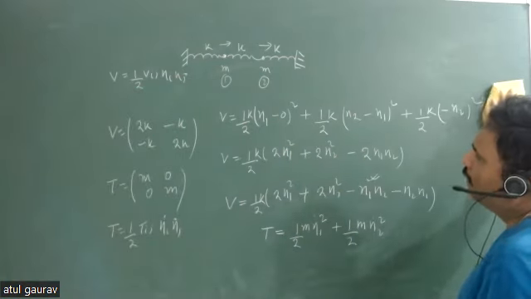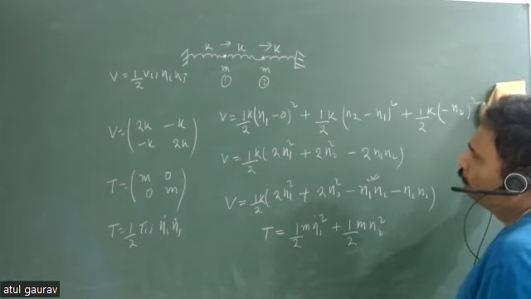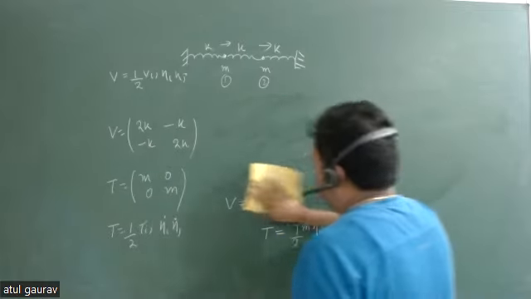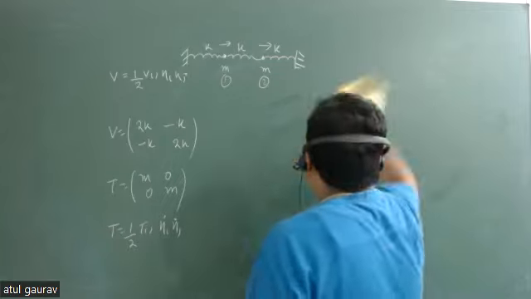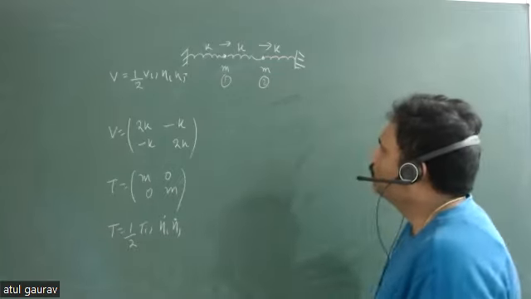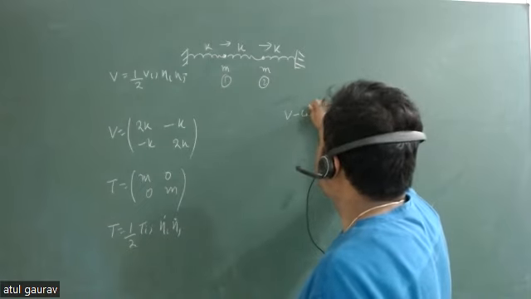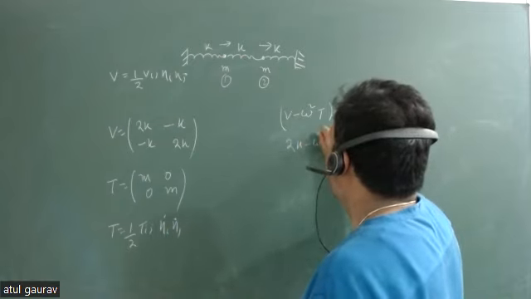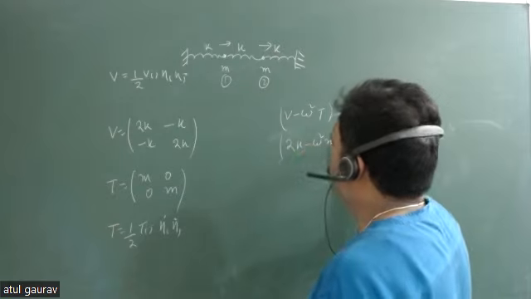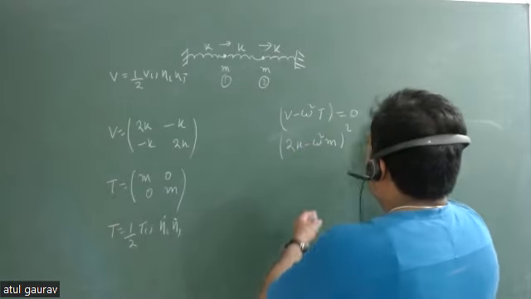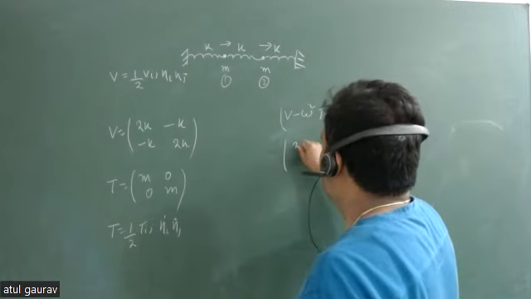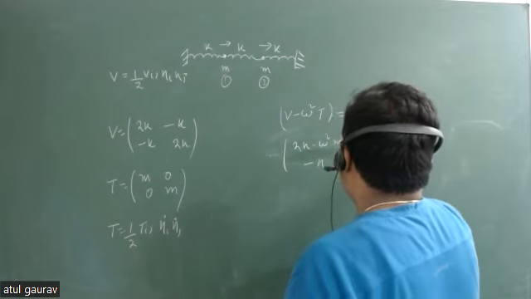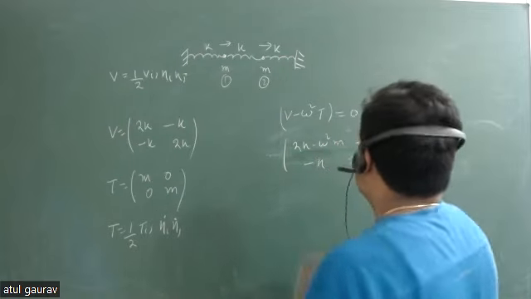Let's go ahead to the next one. What do we have to do next? You have to solve the secular equation. When you solve the secular equation, V minus omega square T must be equal to 0. So you have 2K minus omega square M, minus K, minus K, 2K minus omega square M must be equal to 0.